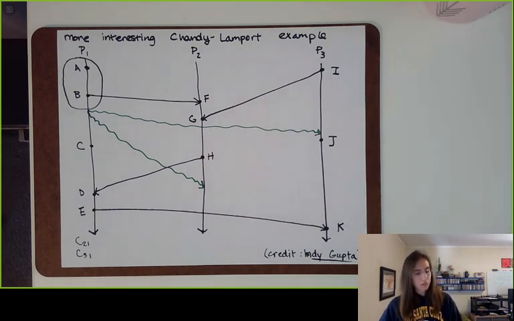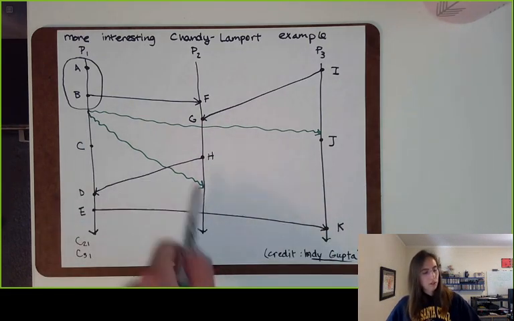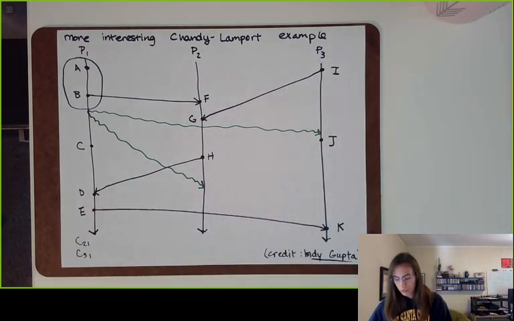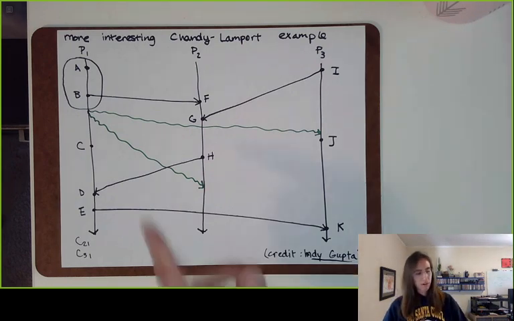Six, yeah, that's a good answer. So what about in general? Well, everybody's going to send one to everybody else, right? So process 1 is going to have to send one to both of these. Process 2 is going to have to send one to both of these. Process 3 is going to have to send one to both of these. So if everybody has to send one to everybody else, how many is that, if there are n processes?